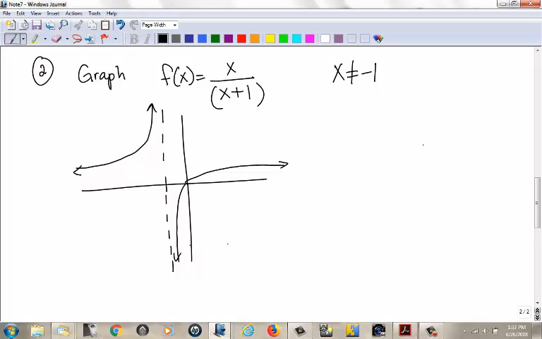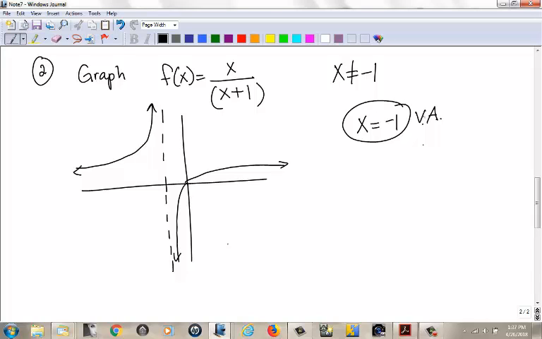So if they ask what the vertical asymptote is, x equals negative 1 is the vertical asymptote. Is there an open circle? No. You would have to have another quantity down there for that. We know this one is definitely an asymptote because it shows up as an asymptote.